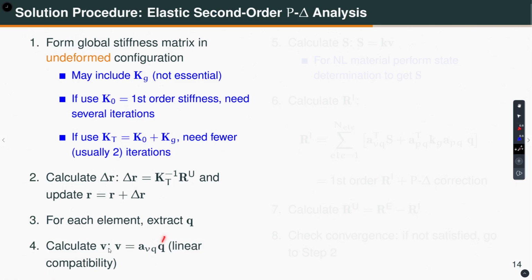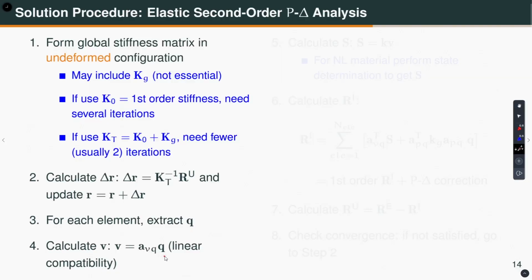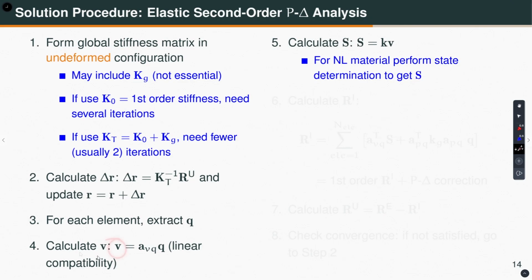Well, R contains all the degrees of freedom at the structure level and Q is in global coordinates for a particular element, right. So, AVQ is a linear transformation matrix because we are not talking about nonlinear compatibility yet. Okay. So, once V is determined, what do you do?